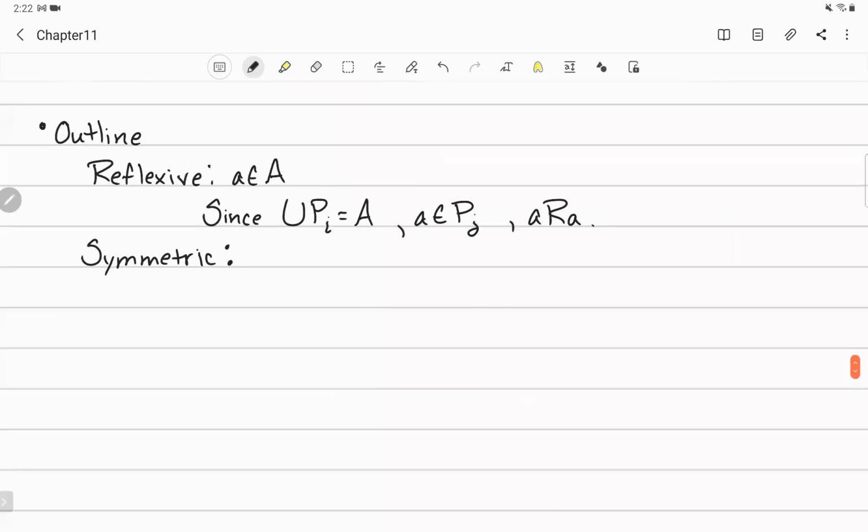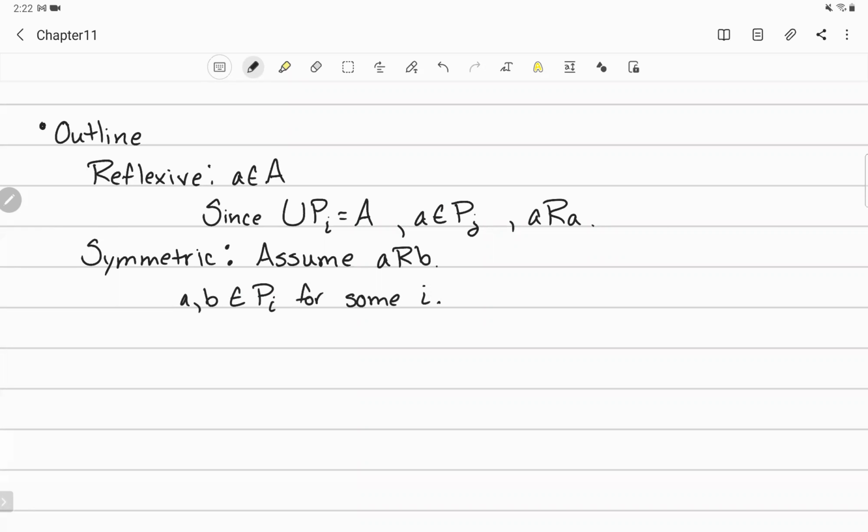So now we'll assume A is related to B. What does that mean according to this specific relation? Now A and B are in P_i for some i, right?